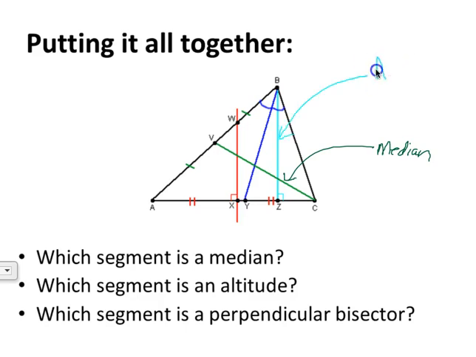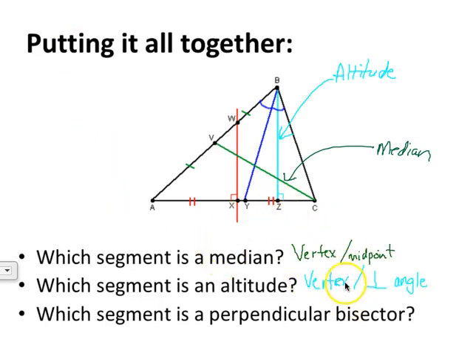So that would make this our altitude, because it starts at a vertex and intersects the opposite side at a right angle. And last, which segment is our perpendicular bisector? Perpendicular angle, and intersects at a midpoint. So that red segment here is going to be our perpendicular bisector, with really the definition given in the name of the segment.